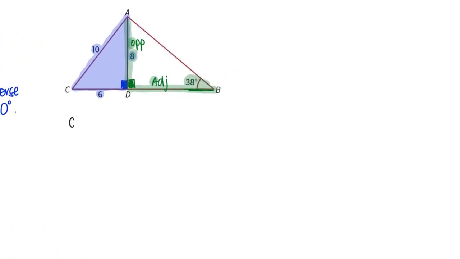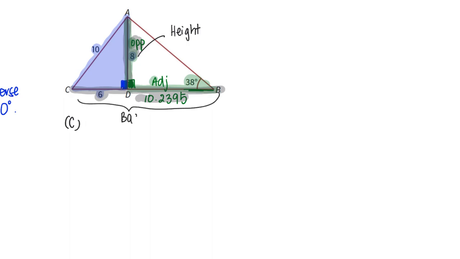So for part C, the area will then be, first, I've gotten my DB, 10.2395. So the area would be half times base, 6 plus 10.2, times height, 8. So this will be my height of the triangle, and this will be my base of the triangle.